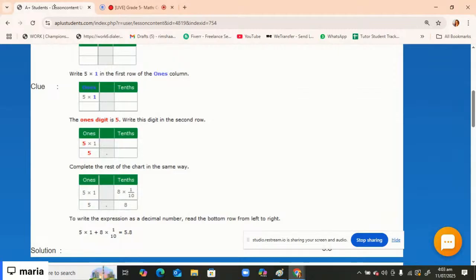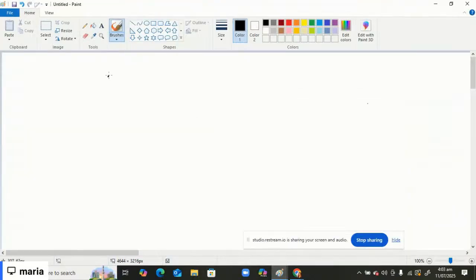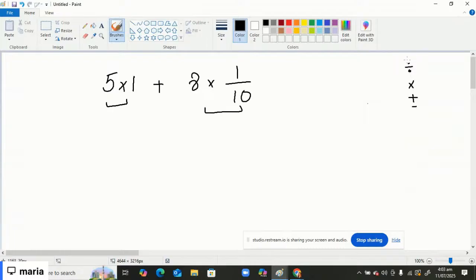And now 8 times 1 by 10. As we can see, these two are multiplied, these two are multiplied. So we apply the maths rule, multiplication first.